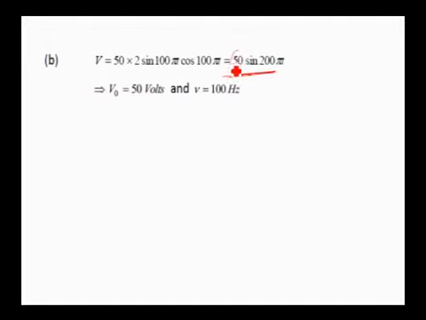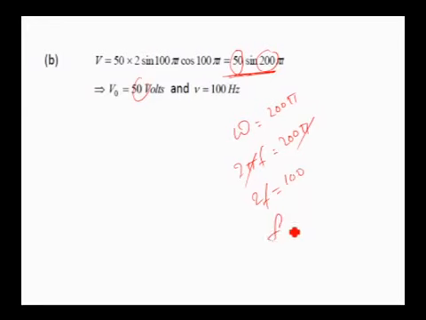The peak value is 50. The angular frequency omega is 200 pi. Then omega is 2 pi f is equal to 200 pi. Cancel pi, 2f is equal to 200 and f is equal to 100 Hertz.